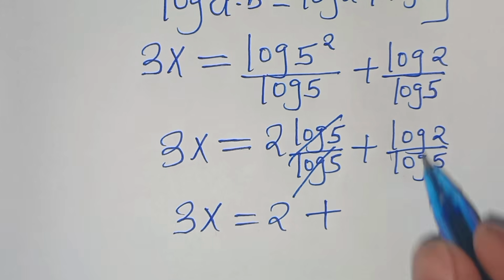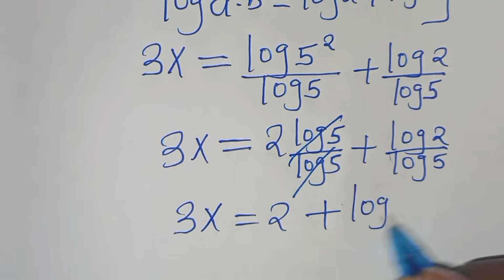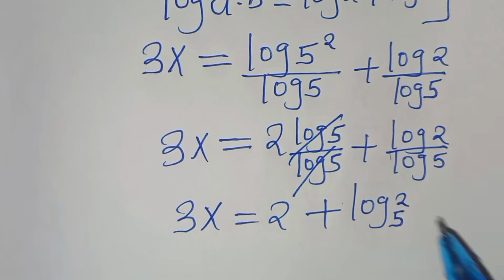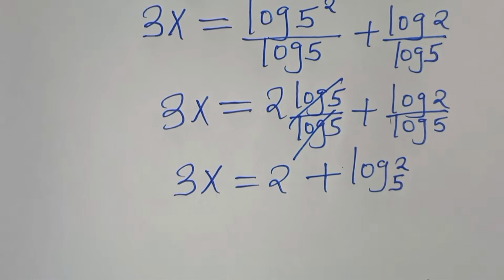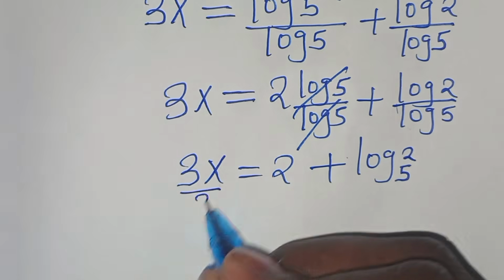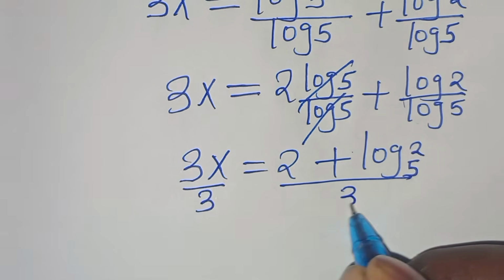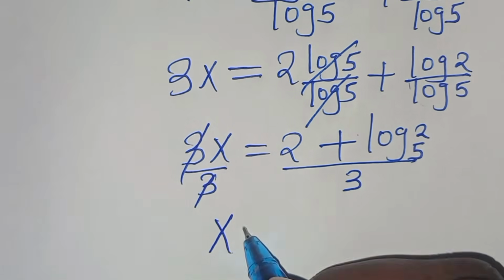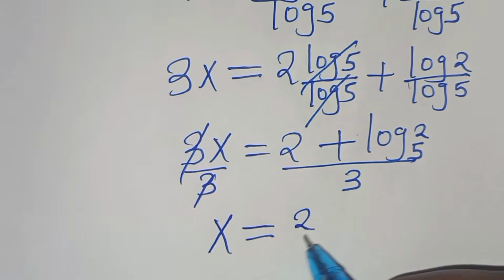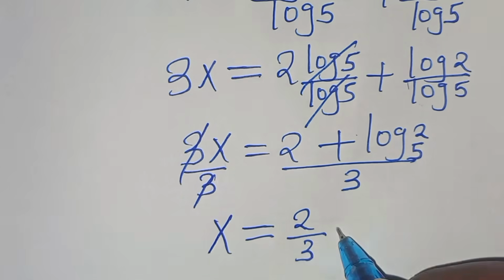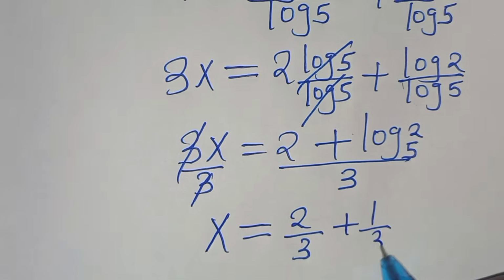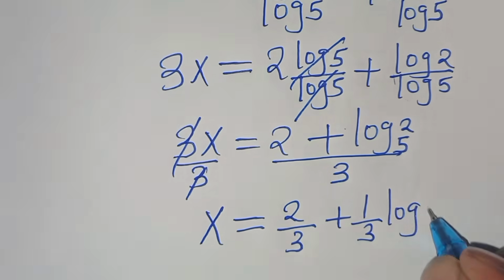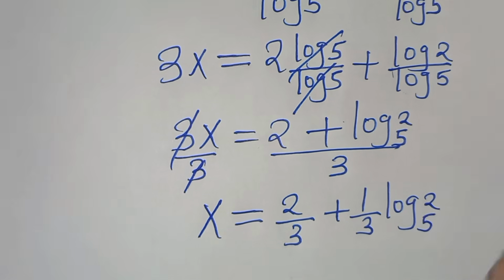This can be expressed as log 2 to base 5. Now let's divide everything here by 3 so that now we have that x is equal to 2 over 3 plus 1 over 3. This is log 2 to base 5.